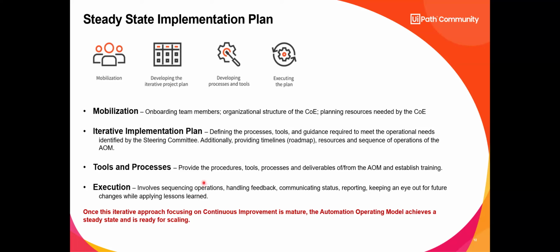Tools, processes. This could be new Gits or new source controls. This could be, hey, we want to bring in autopilot, or we want to marry this with Microsoft Copilot. These are new tools and processes that we can bring into our automation operating model to enhance our offerings, enhance what we can do.